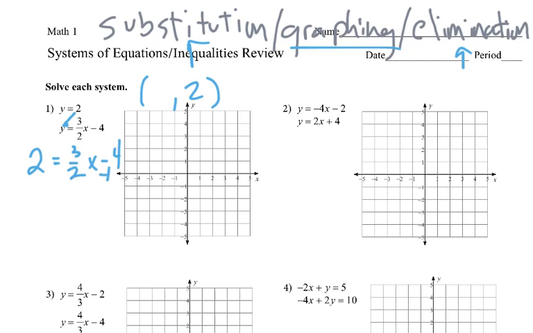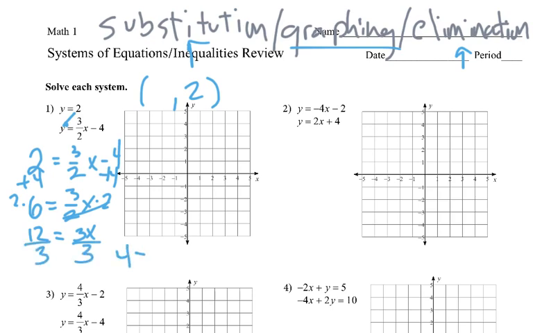So I could add 4, get 6 equals 3 halves x, times by 2, 12 equals 3x, because that would eliminate the dividing by 2, divide by 3, and I'd get 4 equals x. So the point (4, 2) is where they intersect. And so that means there's one solution.